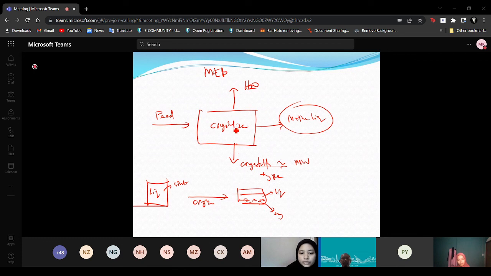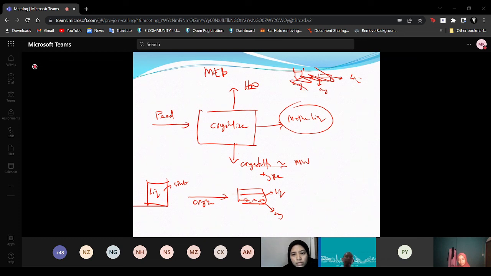So basically in crystallization, if you draw it properly, okay, this is the block diagram. If you draw the equipment, maybe it will go into the crystallizer, and then there is a separator, and you will obtain your crystal. Here there will be liquid coming out, like that, right?